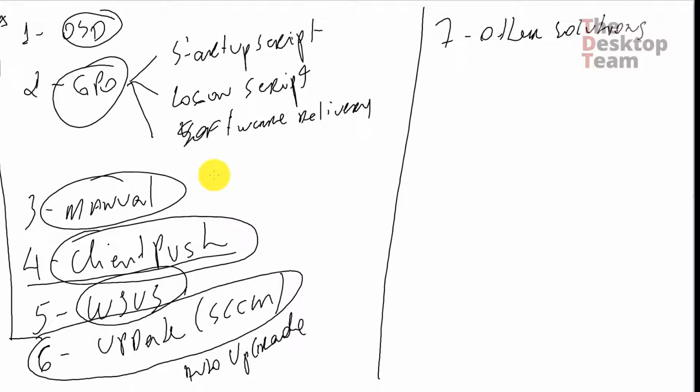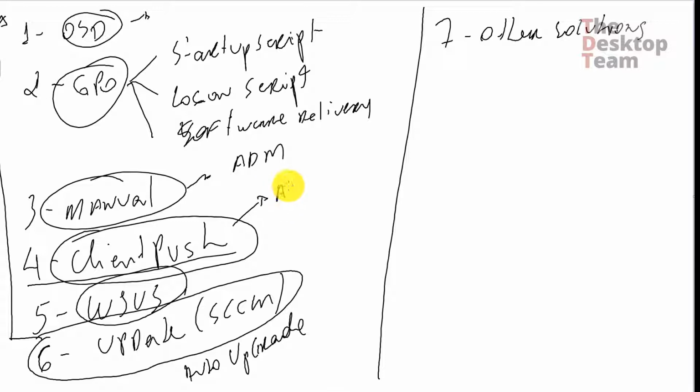So the first one here, OSD, the Configuration Manager client is responsible, so there are no extra security rights. With GPO, GPO looks after this. Manual, you need to have administrative rights.